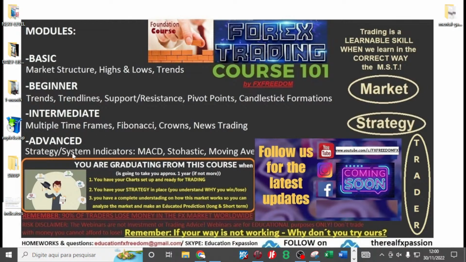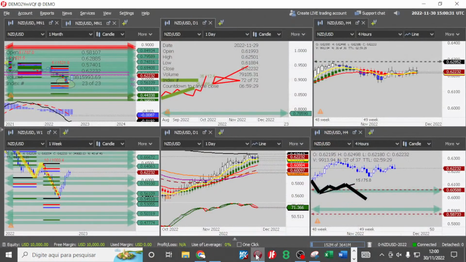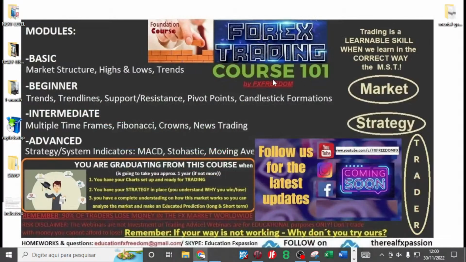Remember, you are going to graduate from this course when, number one, you have your chart set up and ready for trading, something like this. You don't need to have the same, but you should have your monthly, weekly, daily, and the 1 hour, 2 hour, 4 hour chart. Number two, you have your strategy in place. You understand why you win and why you lose.